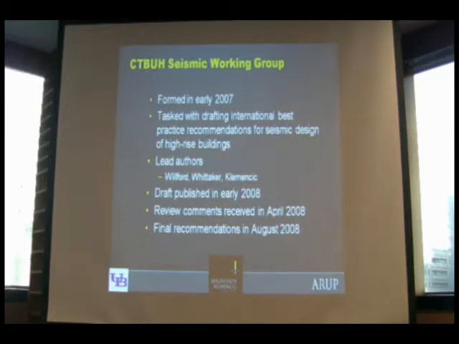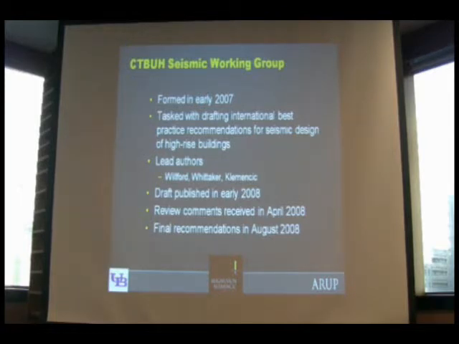It's tasked with drafting international best practice recommendations for the seismic design of high-rise buildings, where we've tagged high-rise here as buildings of 50 metres in height and greater. We published a draft of this document in early 2008. That draft was distributed around the world for review.